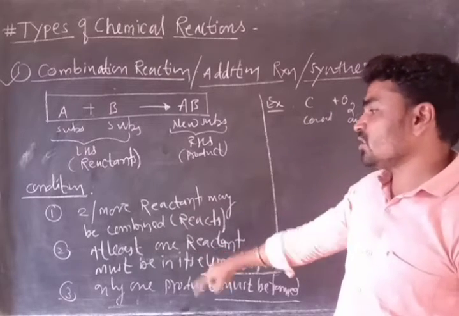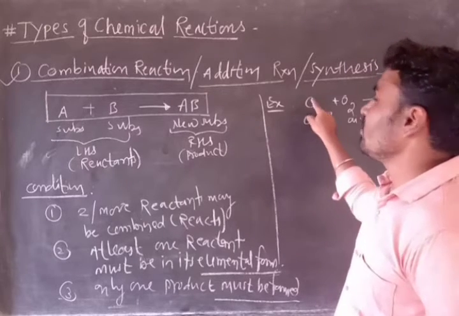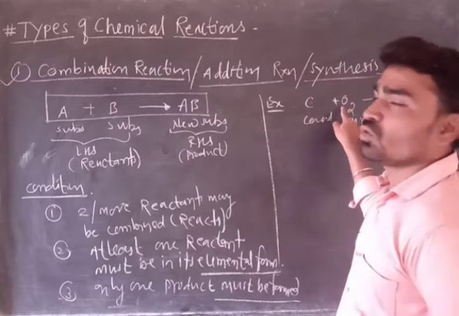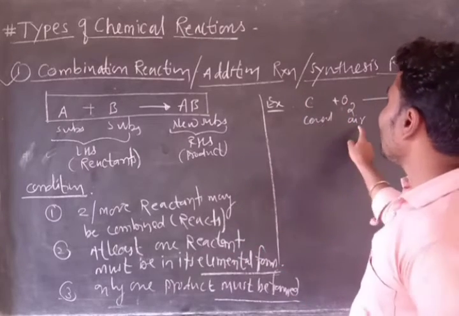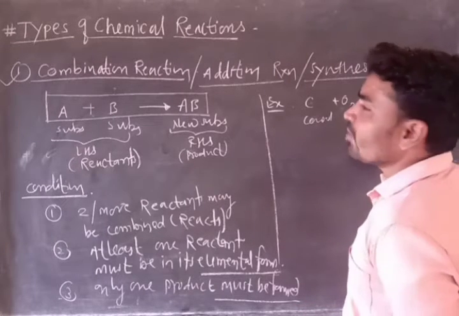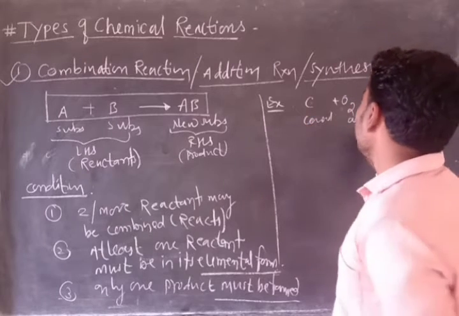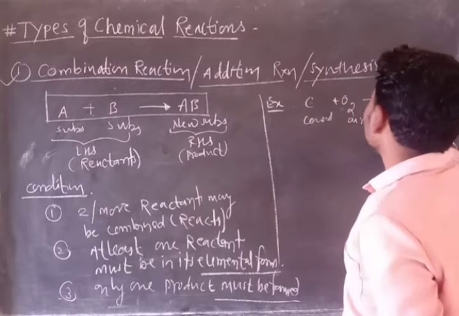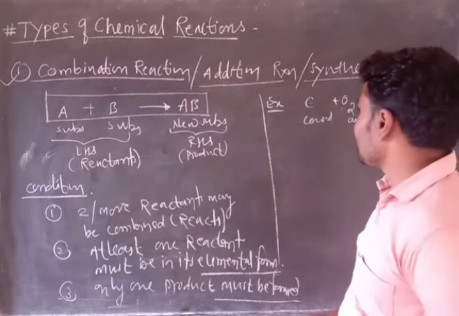The second condition is also satisfied because coal is found as carbon and oxygen is found in the O2 form. These are the elemental forms of coal and air. And only one product is formed, that is carbon dioxide. So it is simply an addition reaction or combination reaction.